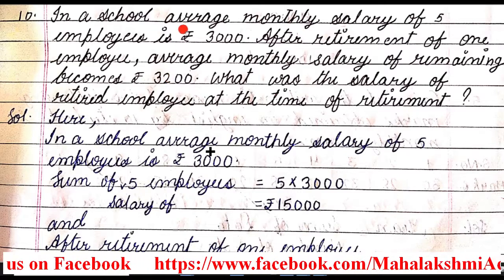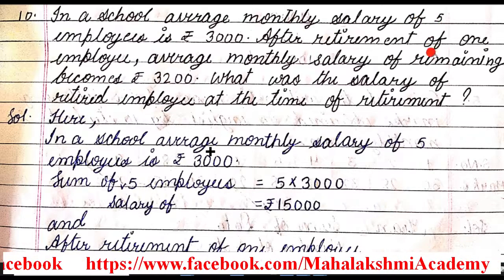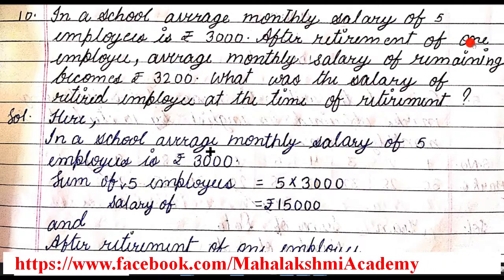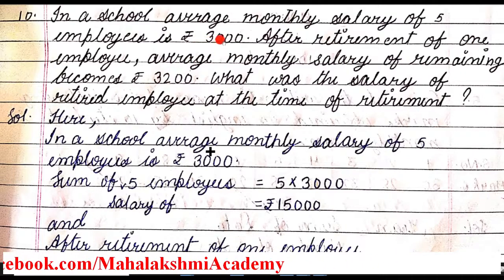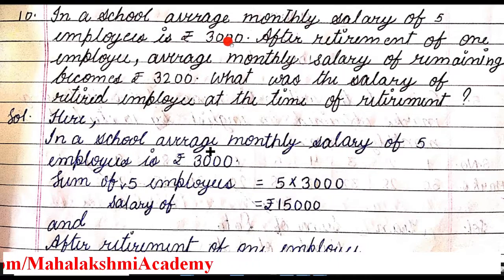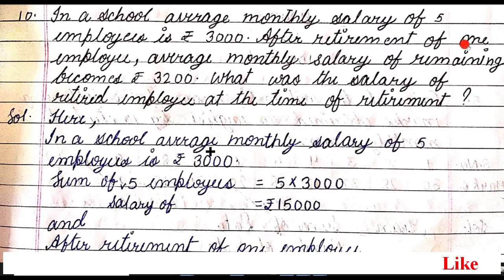Initially how many employees were there? 5. How many got retired? 1. So how many remained? 4 employees. So this 3000 is the average salary of 5 employees, and this 3200 is the average salary of 4 employees, because 1 employee retired.